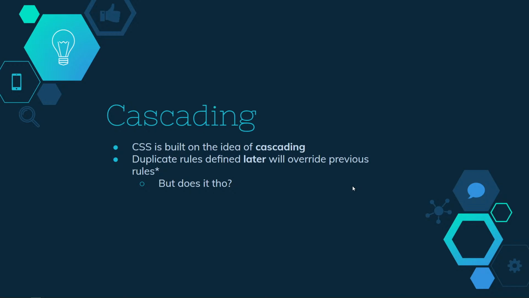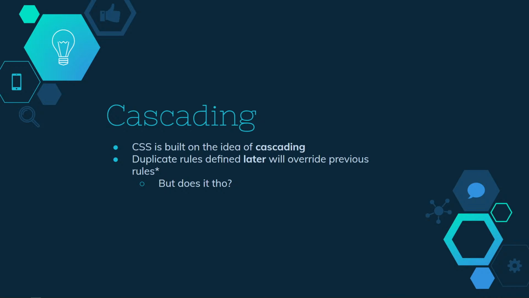Now, how is this working? Well, that's the cascading. That's the C in CSS. Things cascade. CSS is built on the idea of cascading, so things kind of just trickle down. Remember I showed you the DOM tree? We built that tree. Well, it finds the first tag that you are specifying with CSS, and it's going to apply to all of its children, to that entire branch, until you overwrite it.